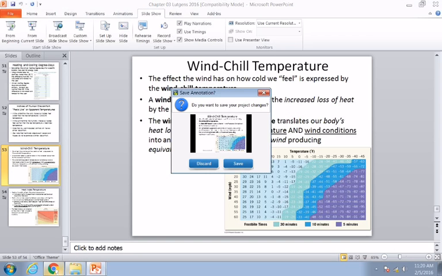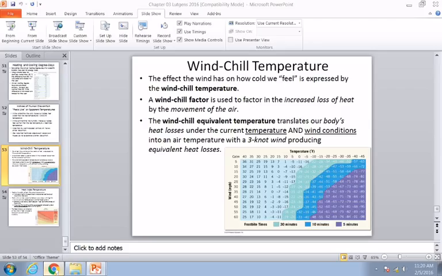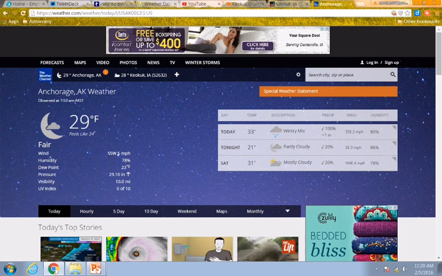So they're saying it feels like a temperature of 24. So I guess I buy that.